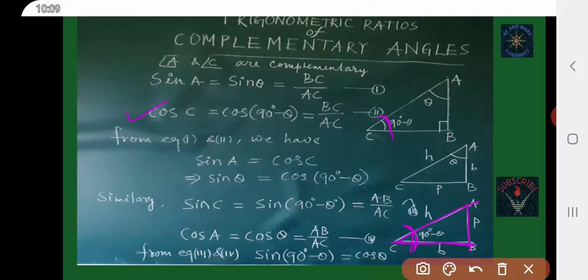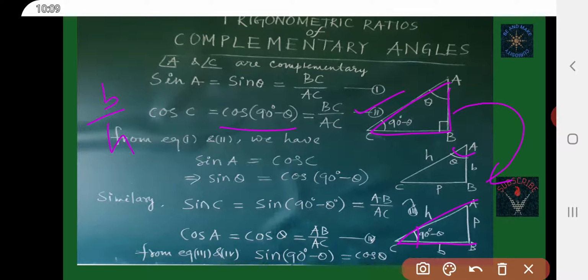Okay, so here you can write cos of 90 degrees minus theta is equal to B by H, so B is BC, H is AC, so BC by AC. Okay, it is the same triangle ABC, but I have shown it in two different ways, for this angle and this angle, but the triangle is the same.